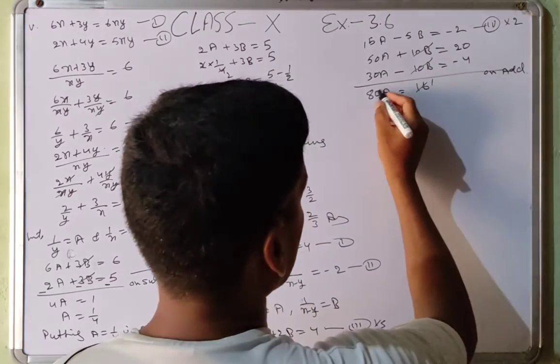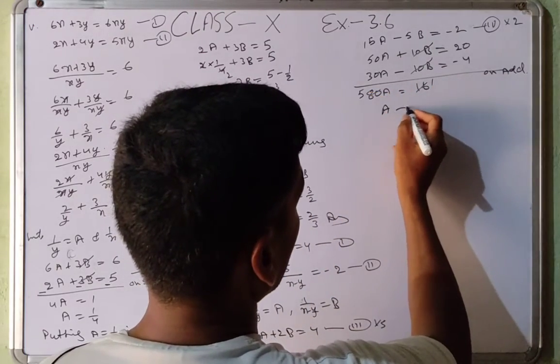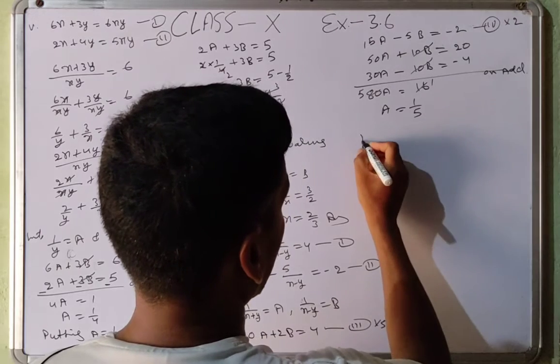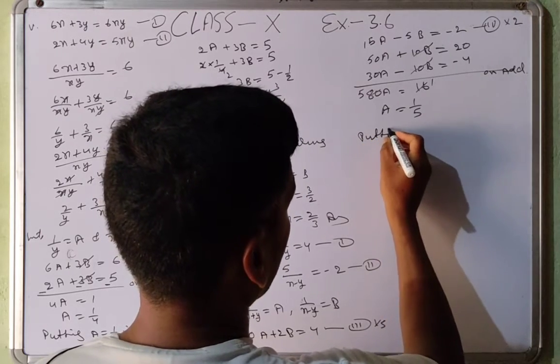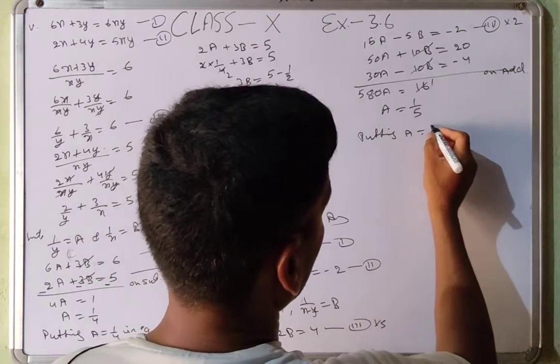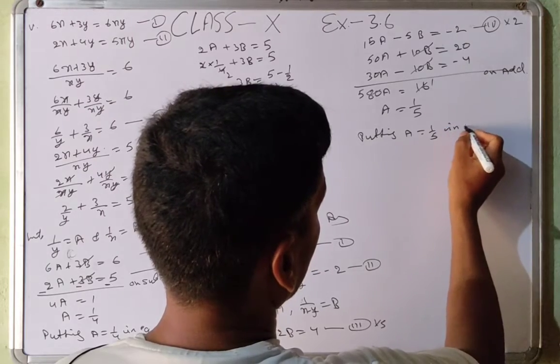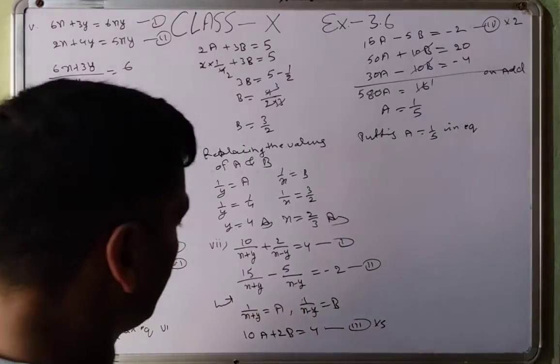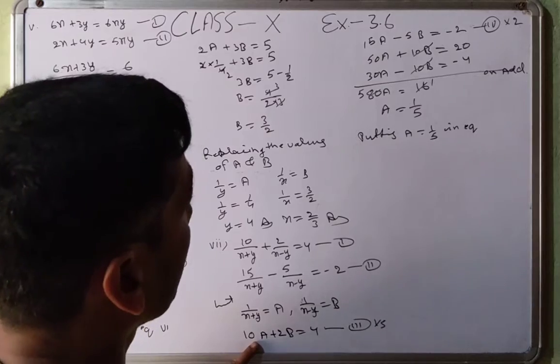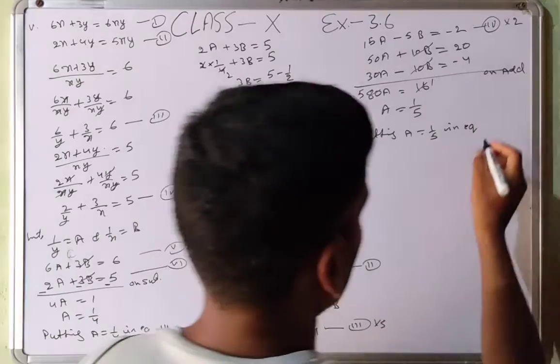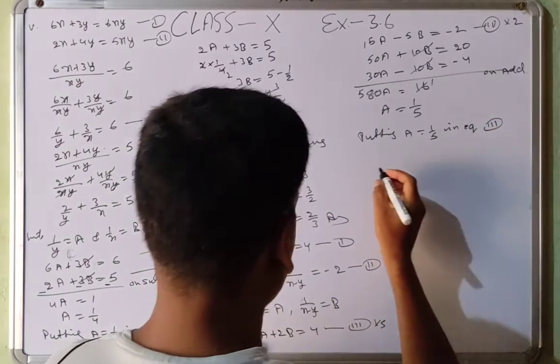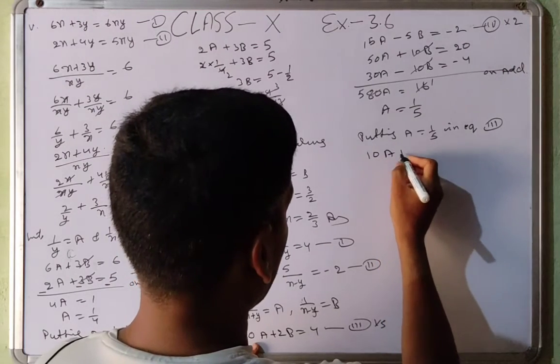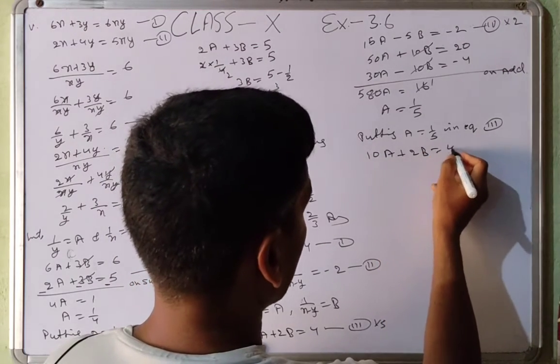So 16 ones are 16, 5 threes. So a is equal to 1 upon 5. Putting a is equal to 1 upon 5 in equation third or fourth, which is better? Both are the same. So we will write here third. That 10a plus 2b is equal to 4.